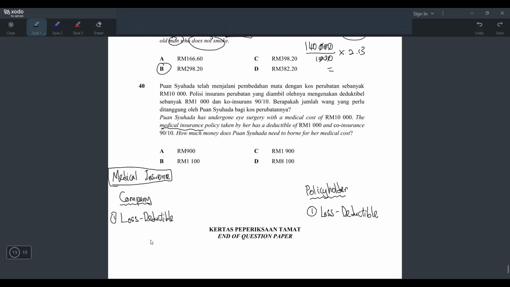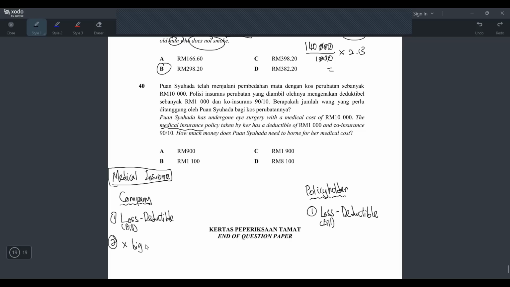What is loss? Loss means the medical bill. So for loss, I write here the bill. After you go to the hospital, they charge you how much, that's the loss, the bill. Second step, if you want to find the company's cost, after you take the loss minus deductible, you will take the value times the big percentage.